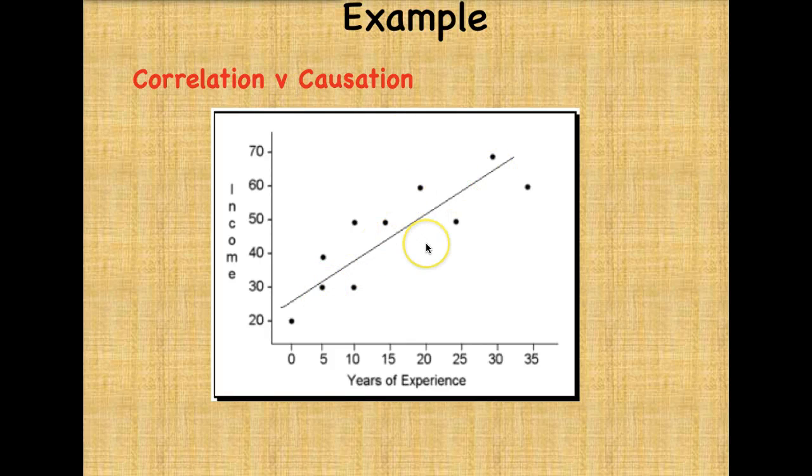So we definitely have a correlation, but do we have causation? The more years of experience you have doesn't automatically cause your income to go up. That's not causing your income to go up. There's probably other things that are causing your income to go up, like promotions within your job or becoming specialized. So it's probably not causation, but definitely there is a correlation.